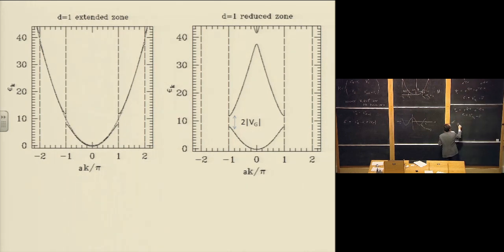Let's take psi plus, square it, so we get the probability density. So this is the probability density. Psi plus squared is proportional to cosine squared of pi over A x, and psi minus squared will be proportional to sine squared of pi over A x. And let's plot those on this same figure.